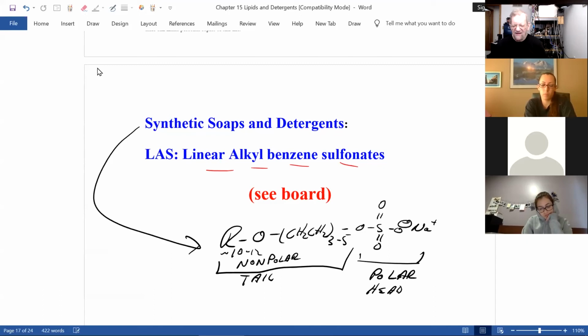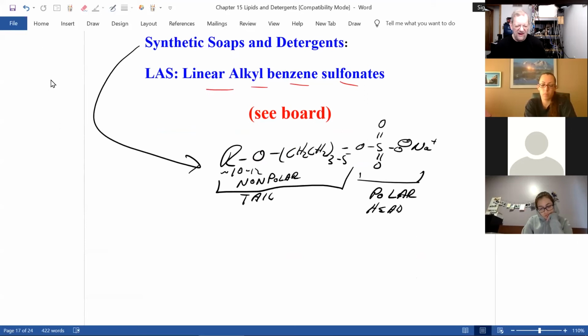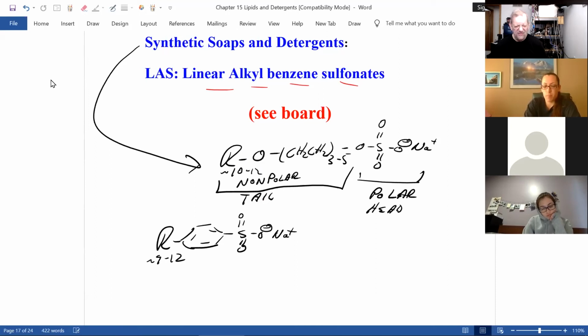Now, detergents are a little different. And from World War II, and here is 9 to 12 carbons.